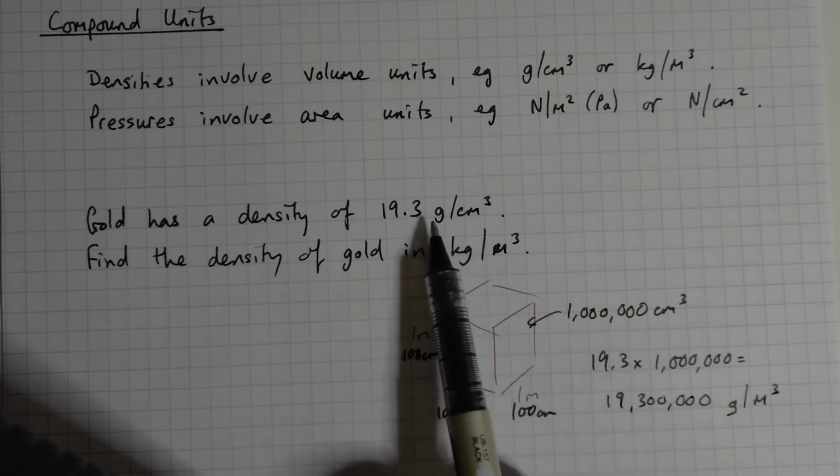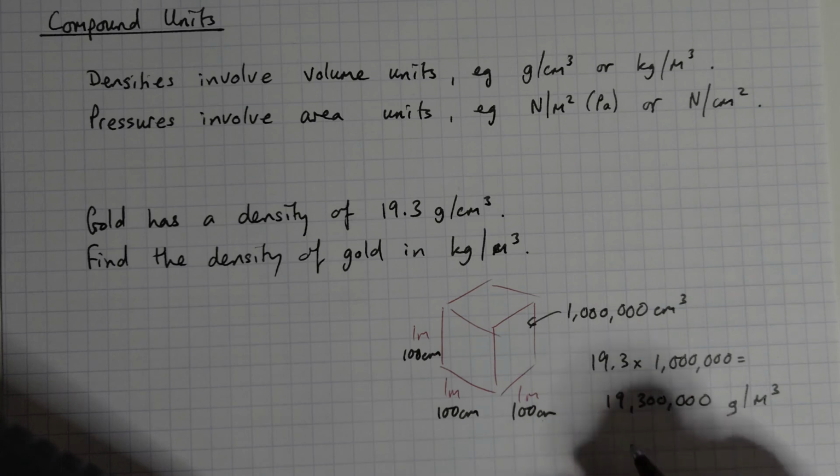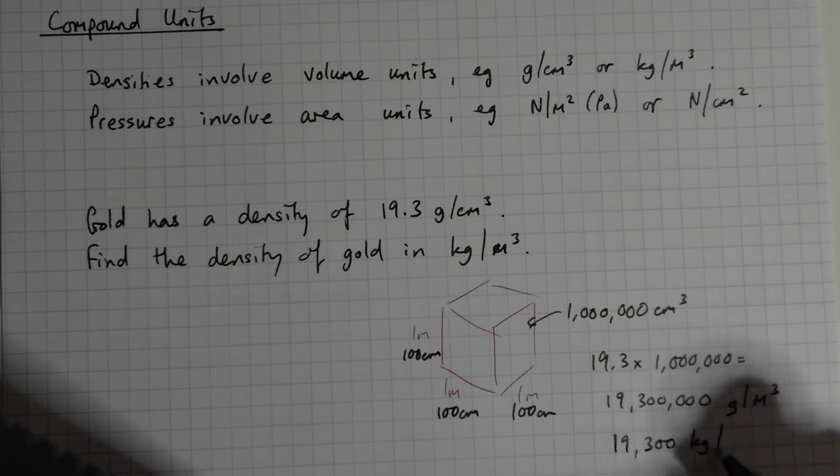So I've gone into how many grams a cubic metre would weigh now. And I now need to turn the grams into kilograms. Well, there's 1,000 grams in a kilogram, so divide this by 1,000, that's losing 3 noughts, so it's going to be 19,300 kilograms per cubic metre.